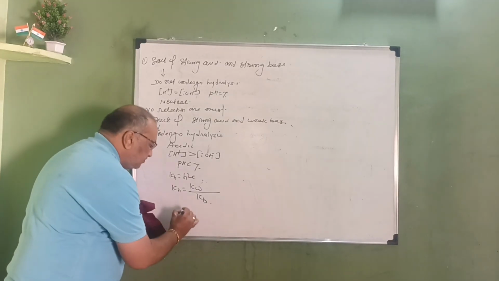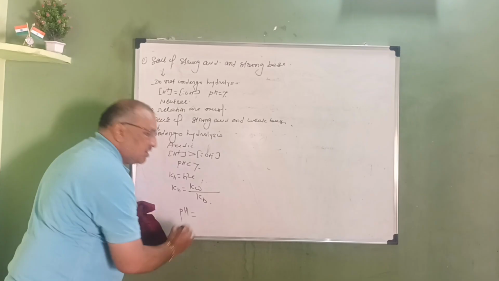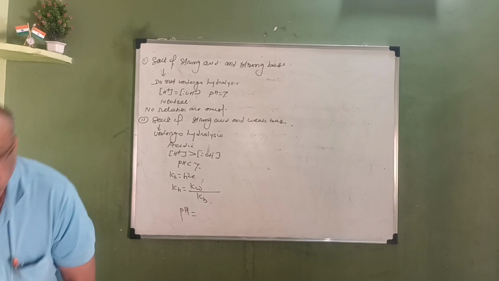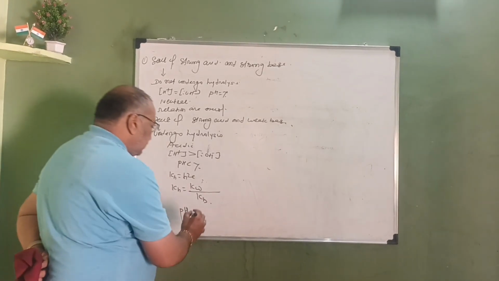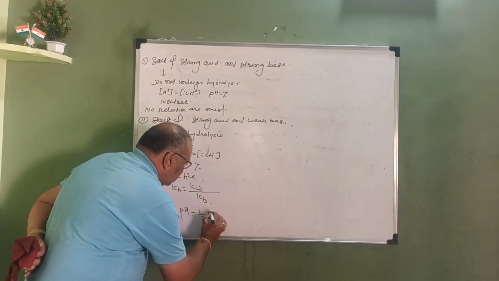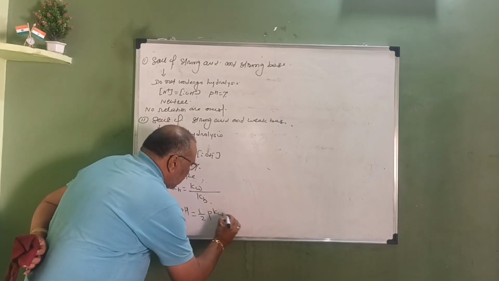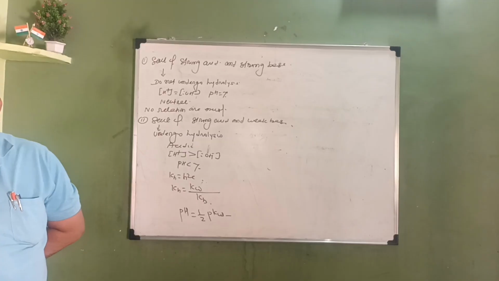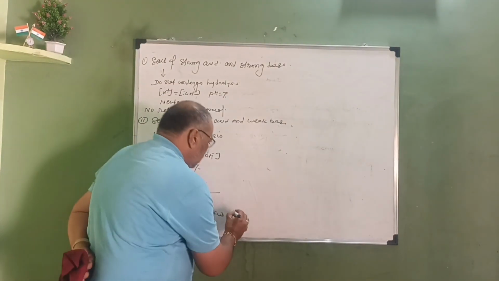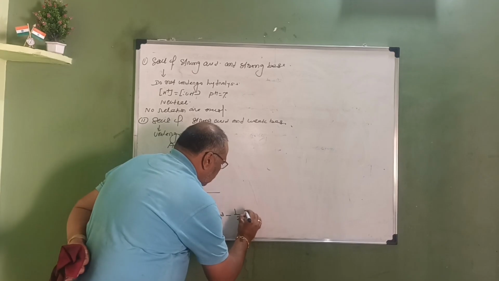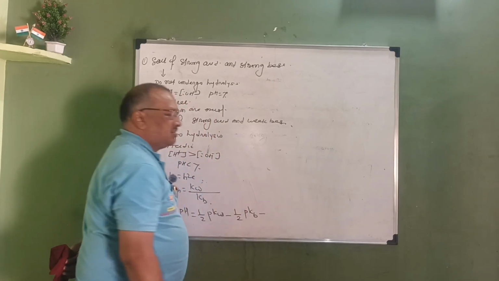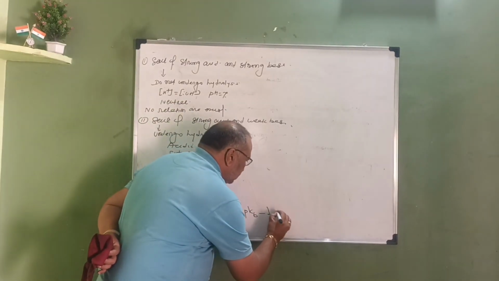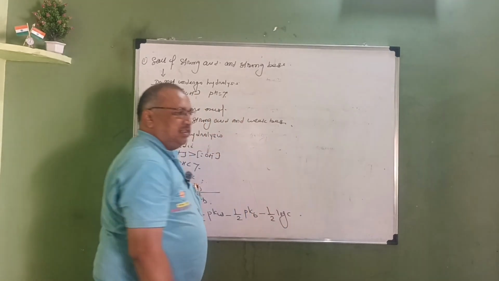Then third, pH is equal to 1/2 pKw minus 1/2 pKb minus 1/2 log C.